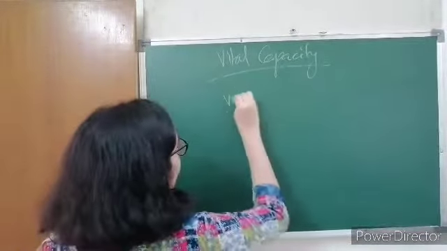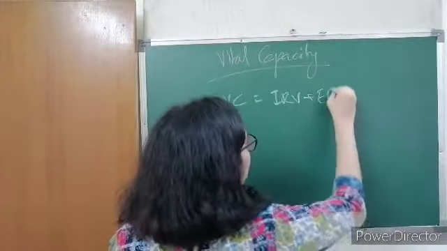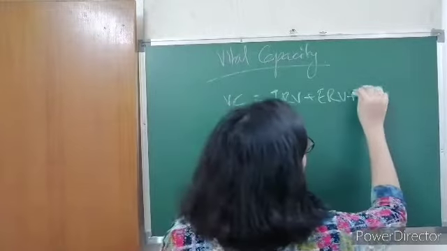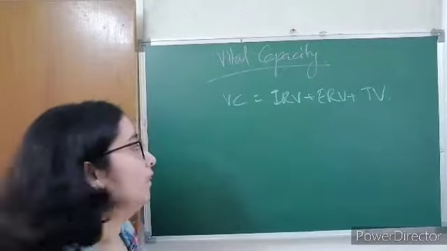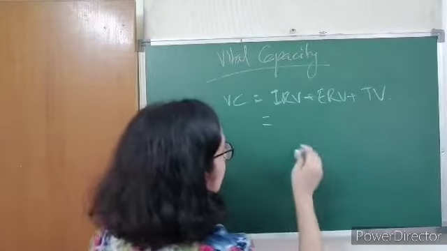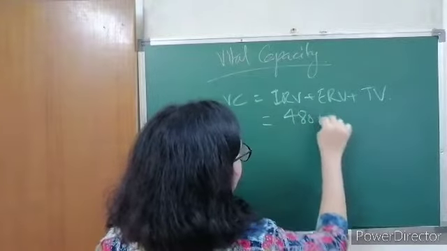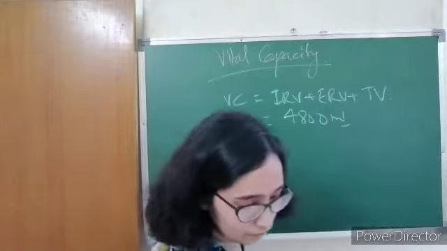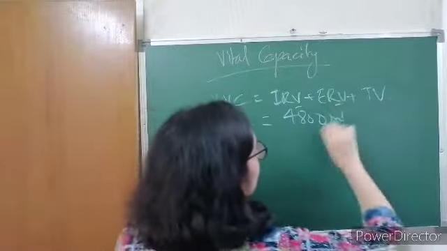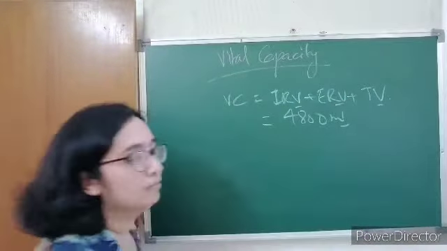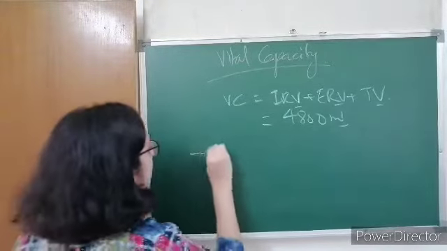So as we know, the formula of vital capacity is IRV plus ERV plus TV. Okay. So this will be the formula of vital capacity. As you know, the value will be approximately 4800. 3300 plus 1000 plus 1200 will be 4800, and now it will be the definition of this.